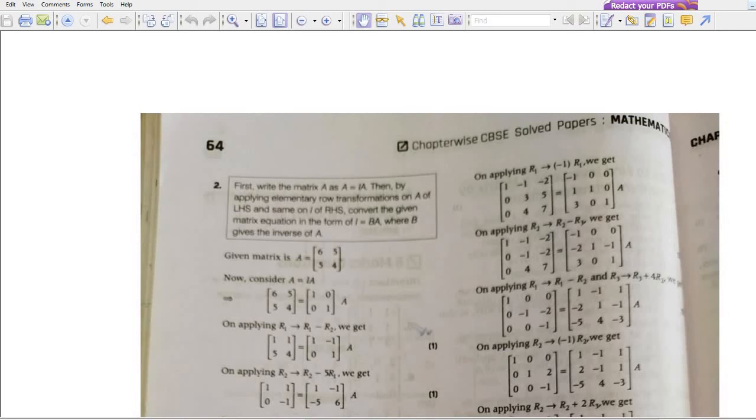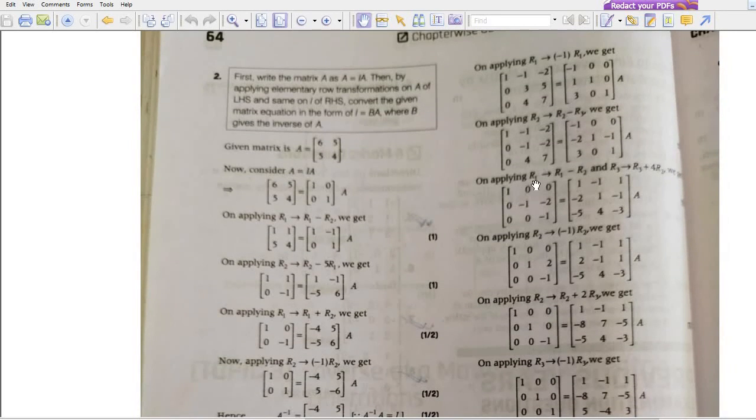See the next step. Row 1 goes to row 1 minus row 2, so that this element becomes 0, and row 3 goes to row 3 plus 4 row 2. So row 1 minus row 2: 1 minus 0 is 1, minus 1 minus minus 1 is again 0, minus 2 minus minus 2 is again 0.